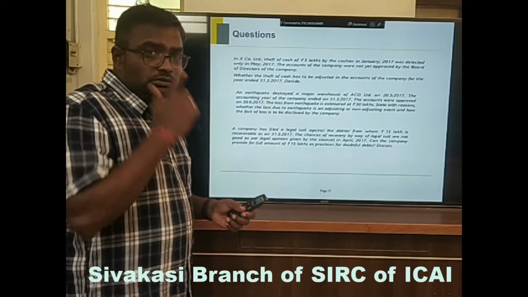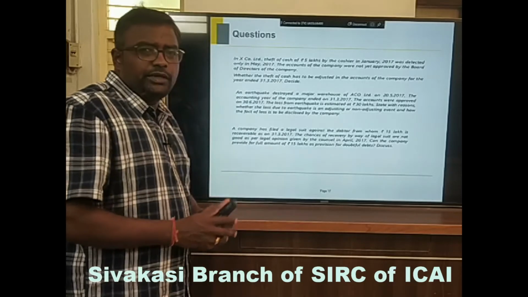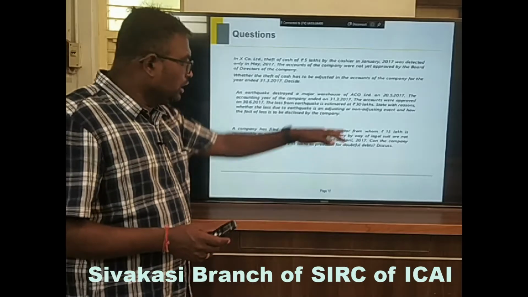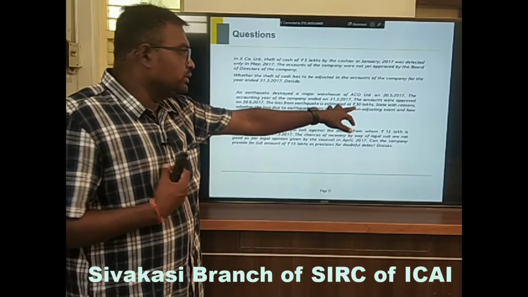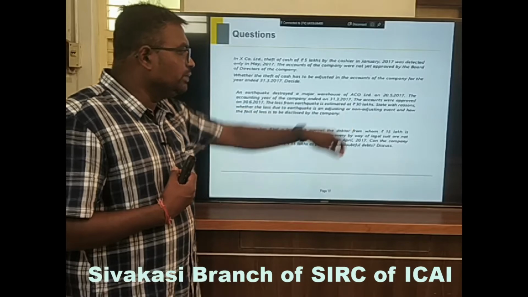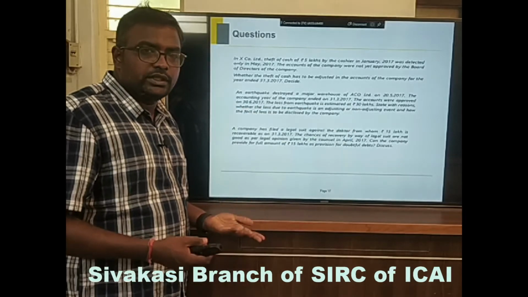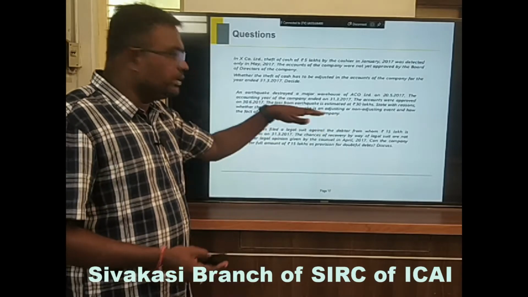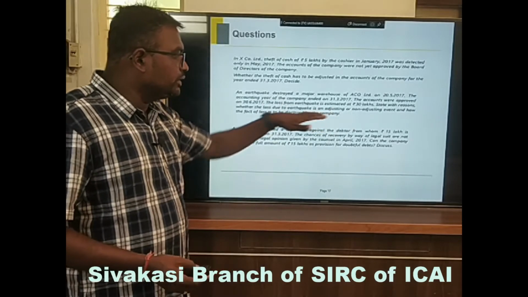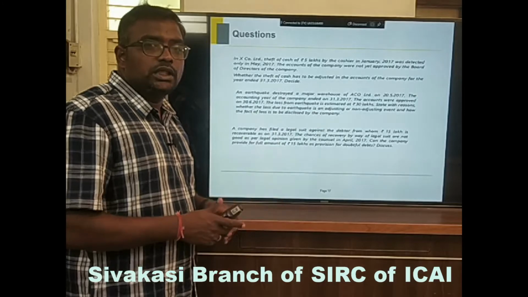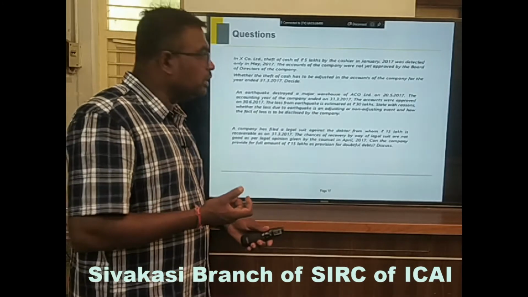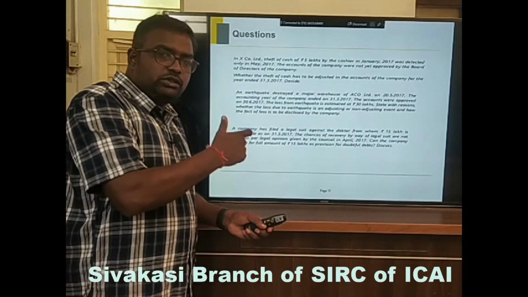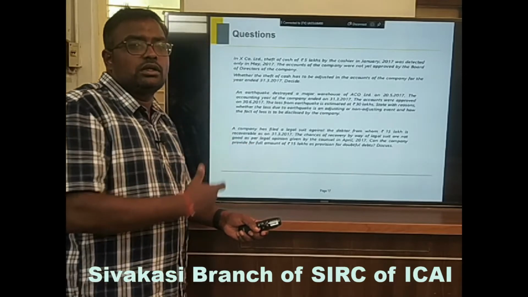So we should be a little careful. Personally, this 30 lakhs could be an inventory loss or a fixed asset loss, whatever was there in the warehouse. But this problem primarily deals with just an expense incurred, whether this expense has to be booked or not. When they ask whether this expense is to be booked or not, this is considered a non-adjusting event.